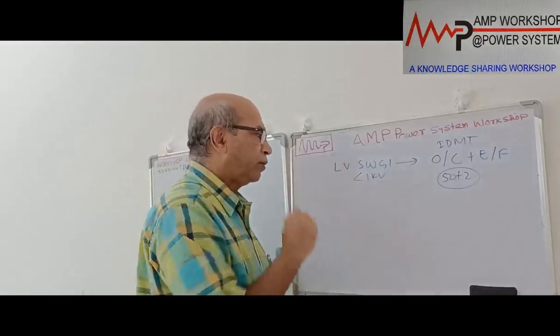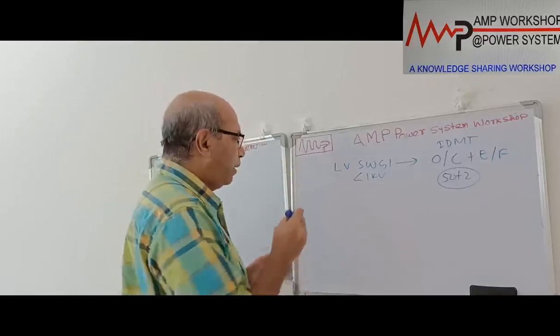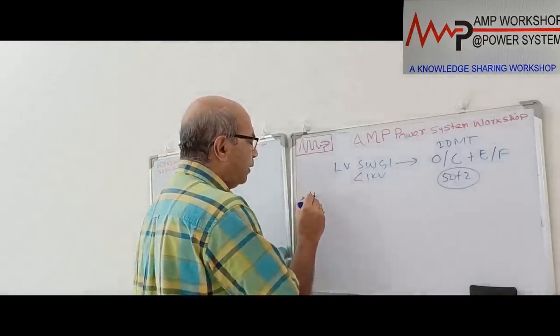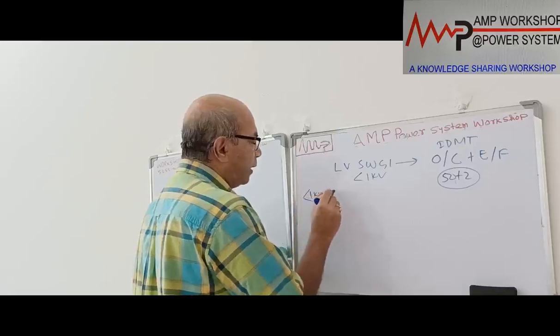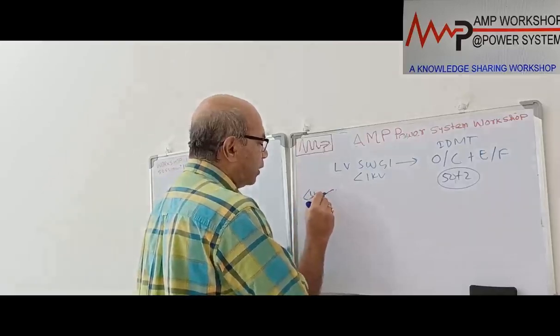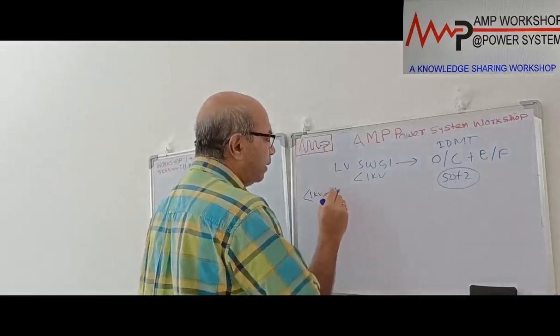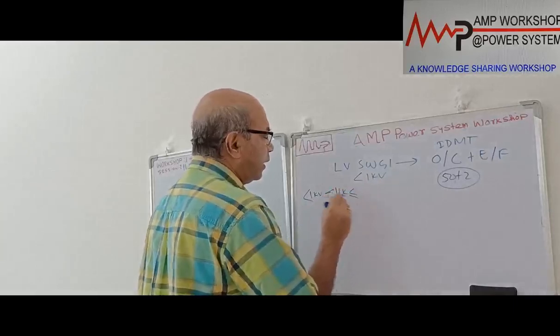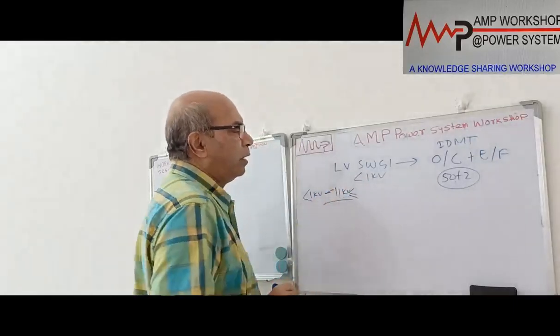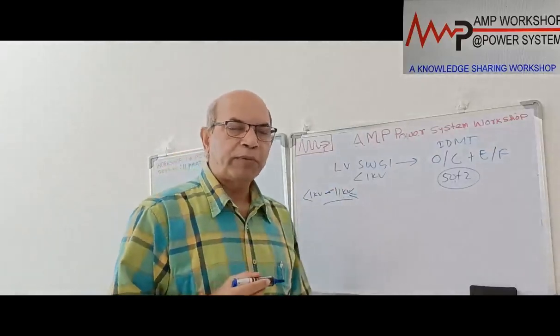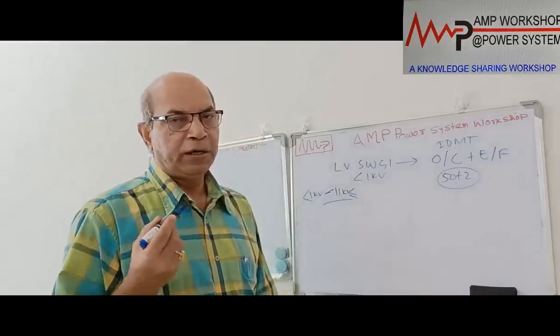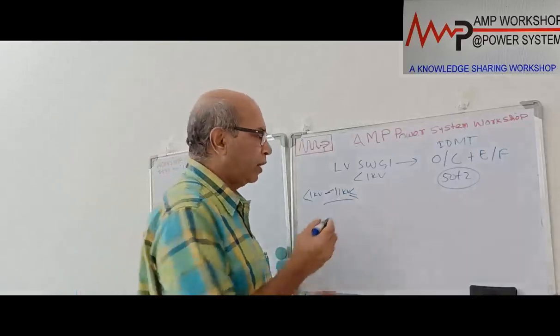So that is the LV switchgear. Now, for voltages more than 1 kV up to 11 kV, this switchgear we normally protect by a partial differential scheme. It is not the full differential scheme.